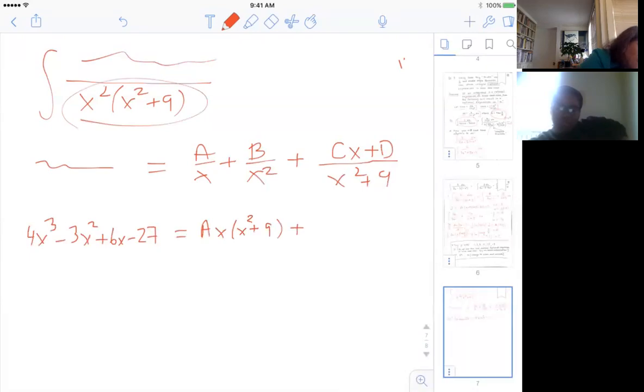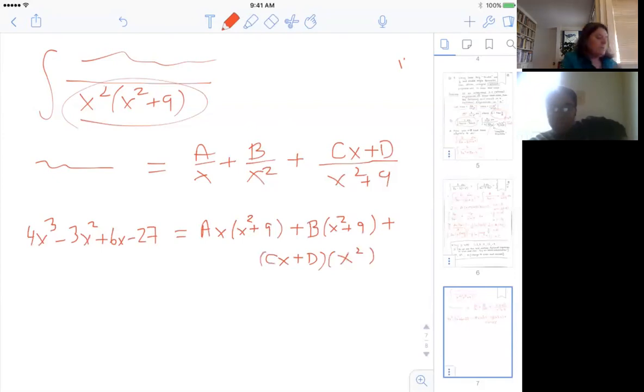The x squared term will leave me with B times x squared plus 9. And the last one will be Cx plus D times what? It'll cancel the x squared plus 9 and leave me with an x squared, right?